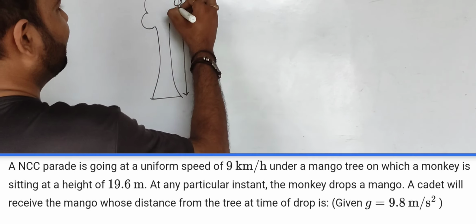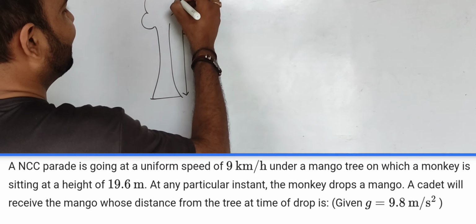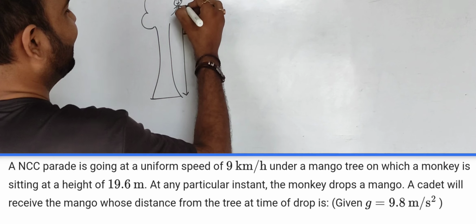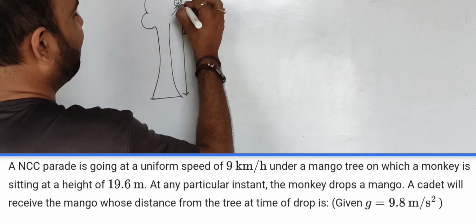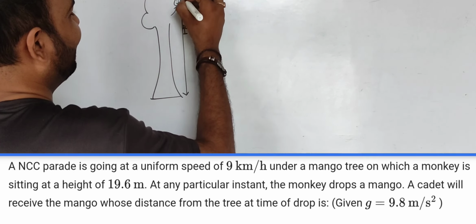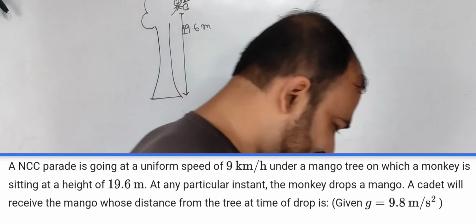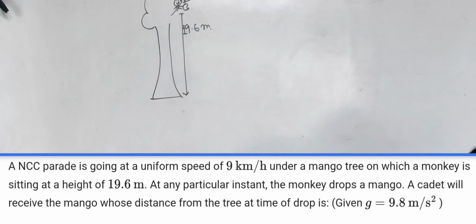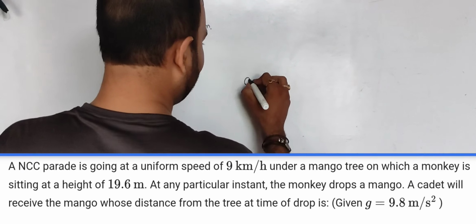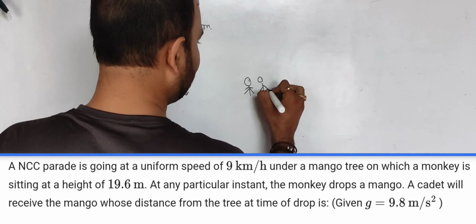Okay, he got a mango in his hand and the parade is going on with a uniform velocity.